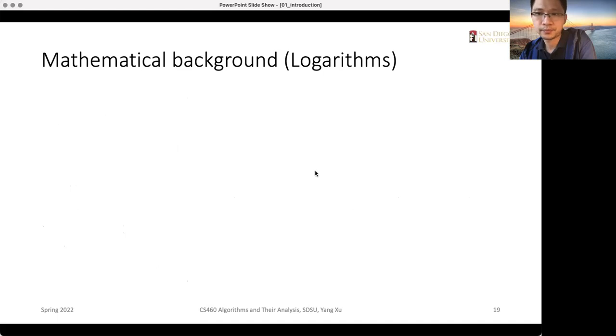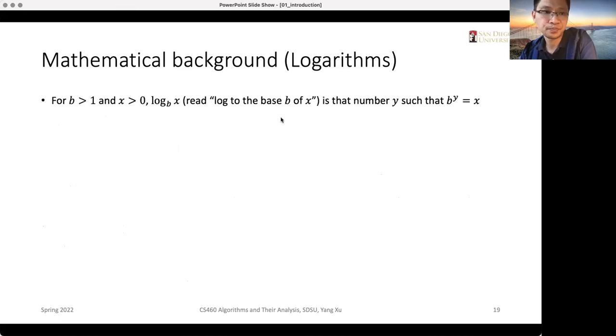Related to exponentials are the logarithm functions. Logarithm functions are something we will come across more often than the exponential function. As we have already seen, we use n times logarithm of n to describe the efficiency of the merge sort function. For the log function, we need to define the base.